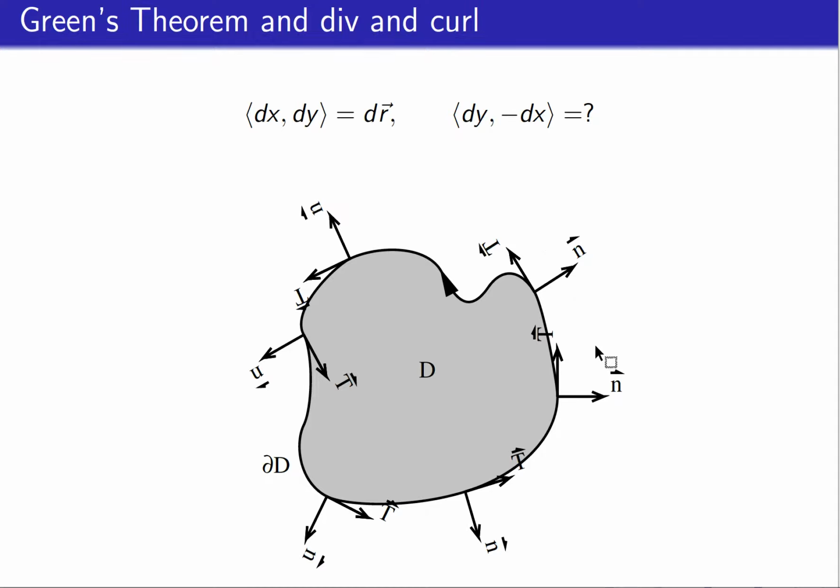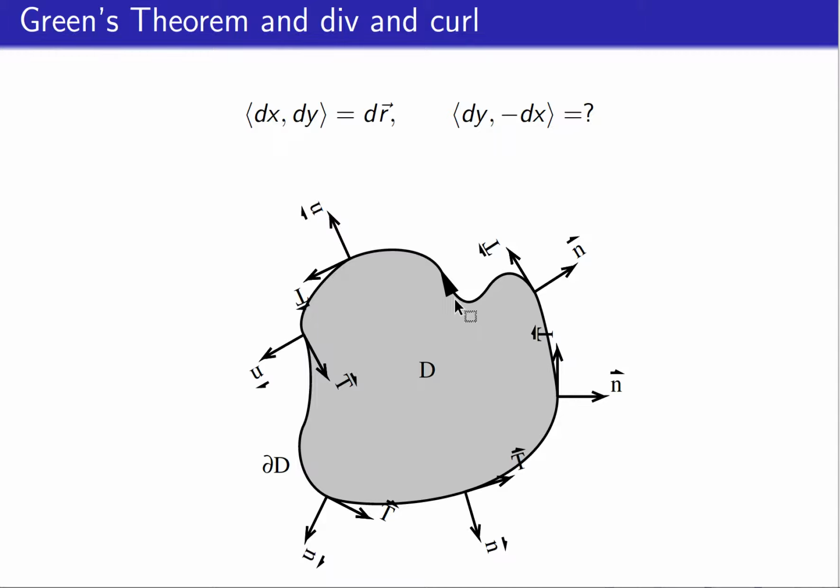I should mention that you're used to n, capital N, and I've written lowercase n here. Capital N is different from lowercase n. So capital N points perpendicular to t, but which way it goes depends on which way the whole thing curves. So capital N is going to point inward here because that's the direction that the curve is bending.